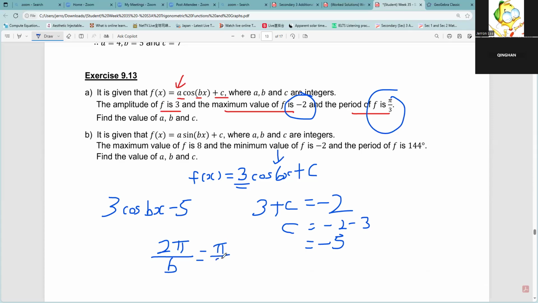You probably can remove the pi, no brainer. And then of course, cross multiply, that will be 6 equals B, okay? And then we can rewrite this. The function is literally just 3 cosine 6x minus 5. You got it?